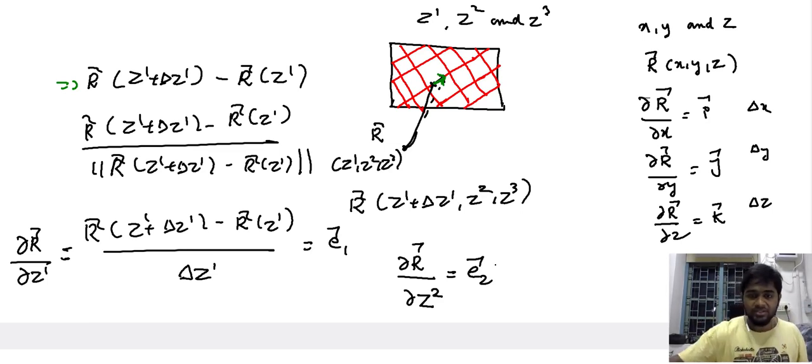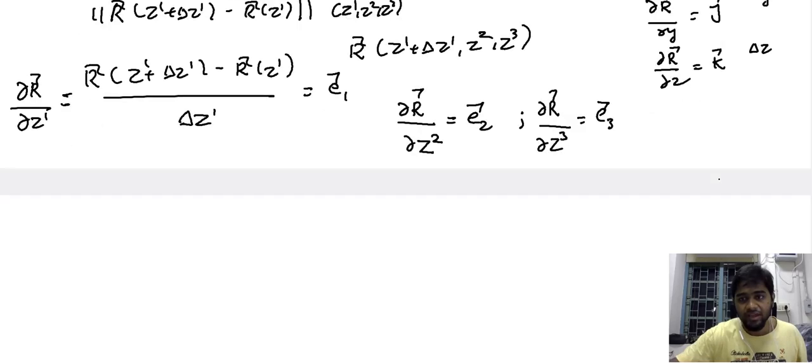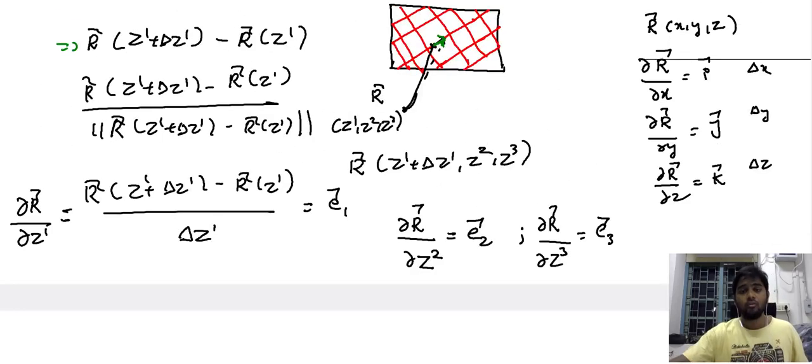In the same way, for the third coordinate, the corresponding unit vector will be E3. So we have found a way of describing the unit vectors that form a basis for a generic coordinate system.